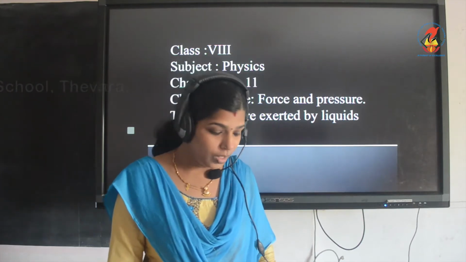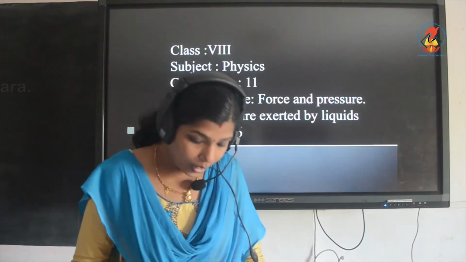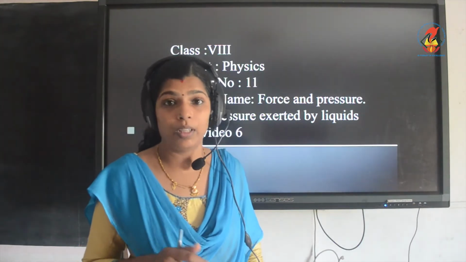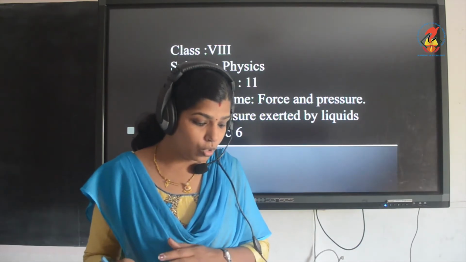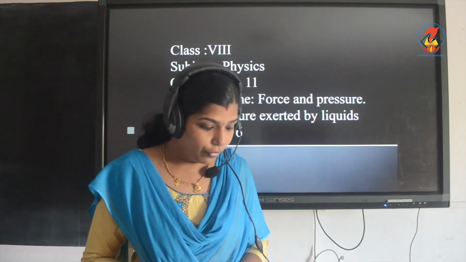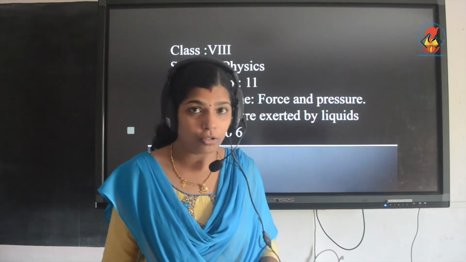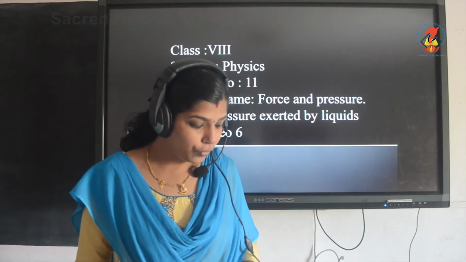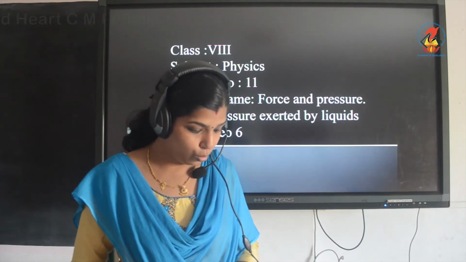Here is an activity in your textbook, page number 138, activity 11.8. You need to take two transparent tubes of length about 15 centimeters and diameter about 5 to 7.5 centimeters, and also a piece of thin sheet of good quality rubber, say a rubber balloon.